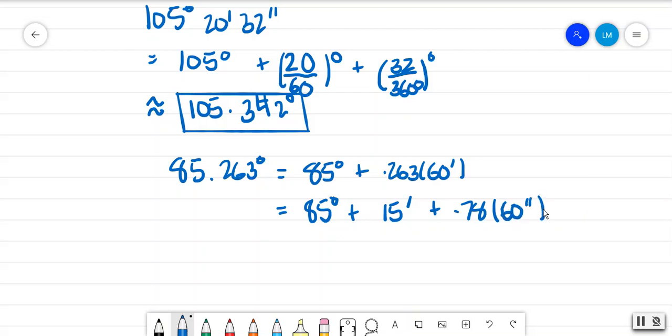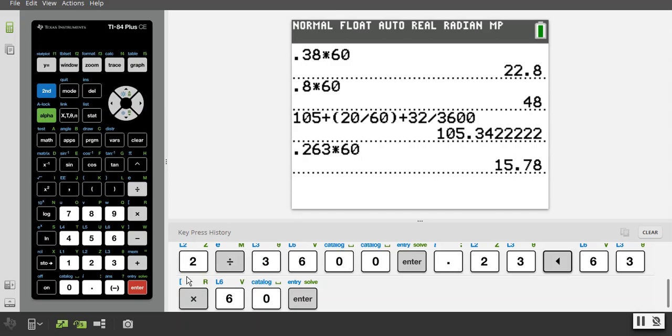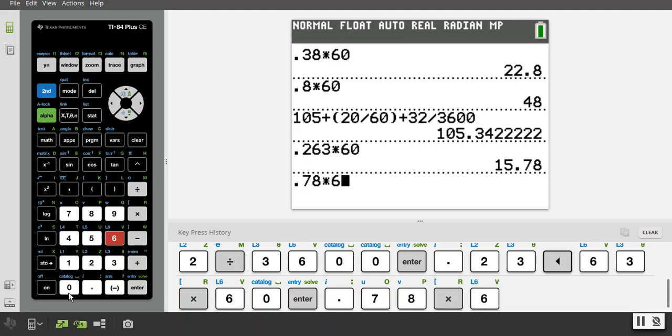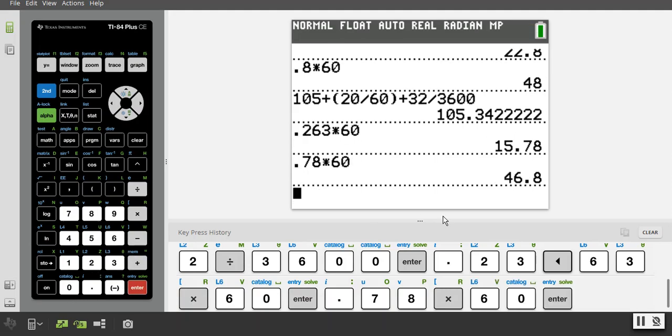So this should be about 47. Let's see, 0.78 multiplied by 60. And yeah, so we're going to round to the nearest second on that one.